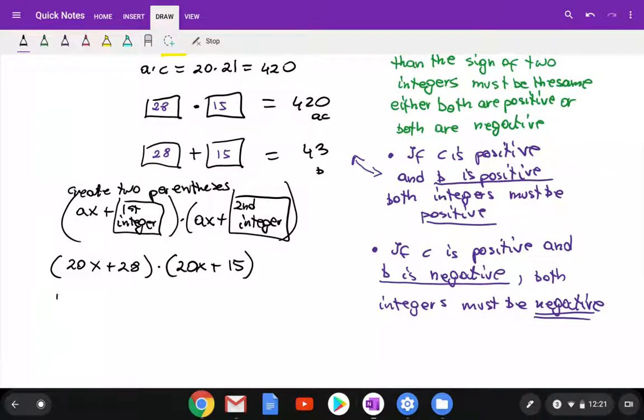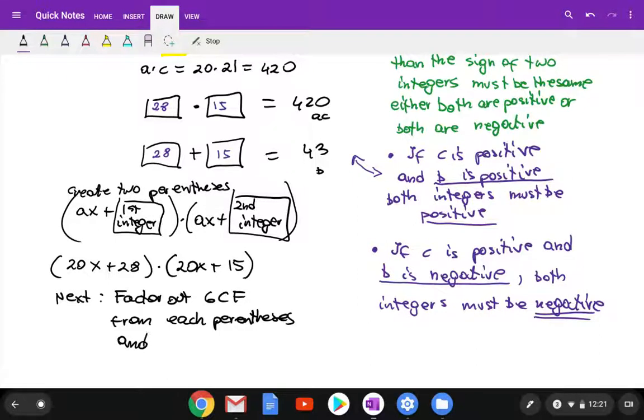Next, what you need to do, factor out GCF from each parenthesis and rewrite without GCF.